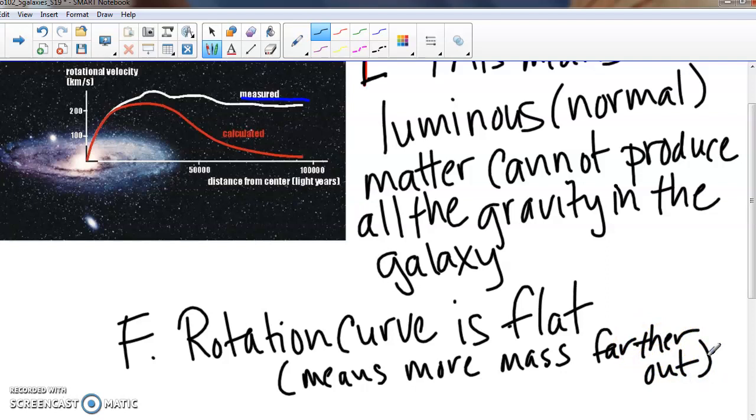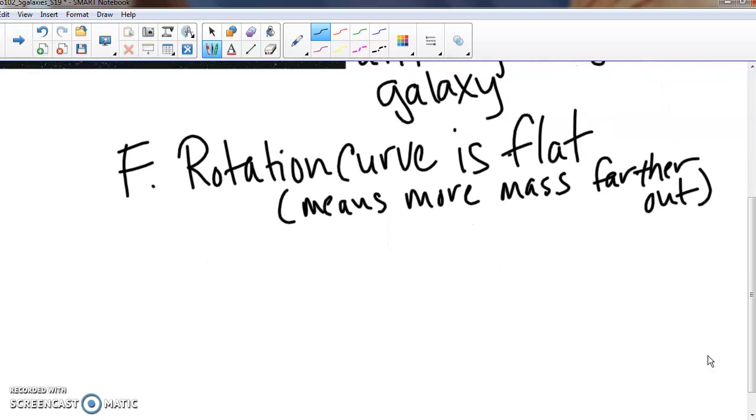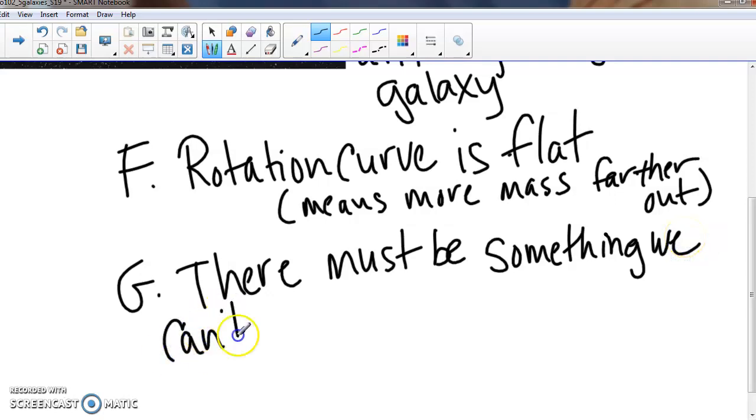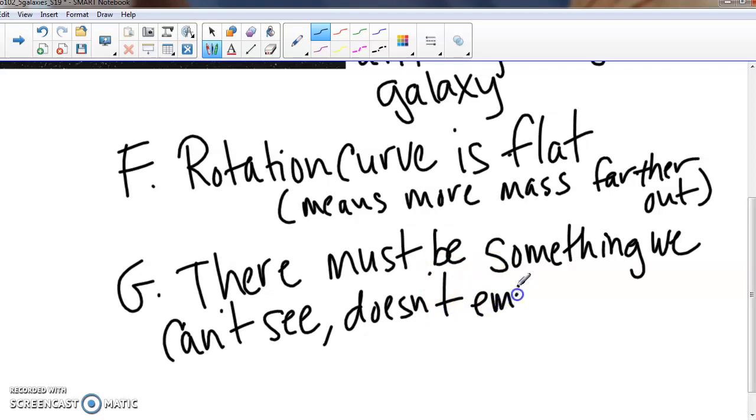Okay? And then the last point is trying to put all this together. So more mass, more gravity, flat rotation curve. There's something that we cannot see. Dark matter. Right? There must be something we can't see because it doesn't make light, doesn't emit light.